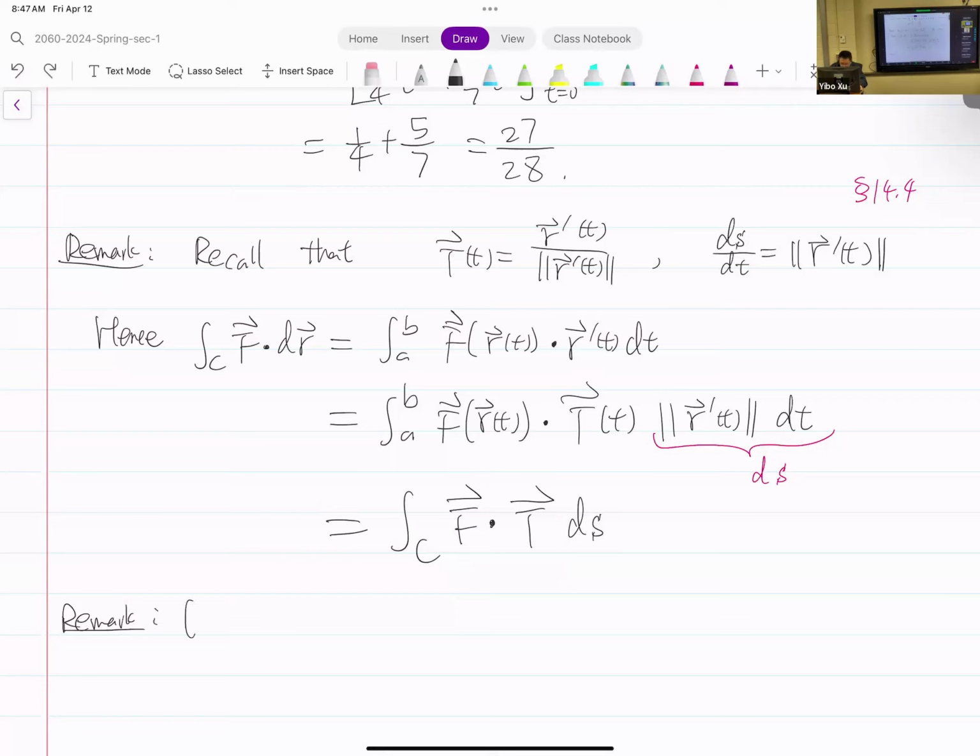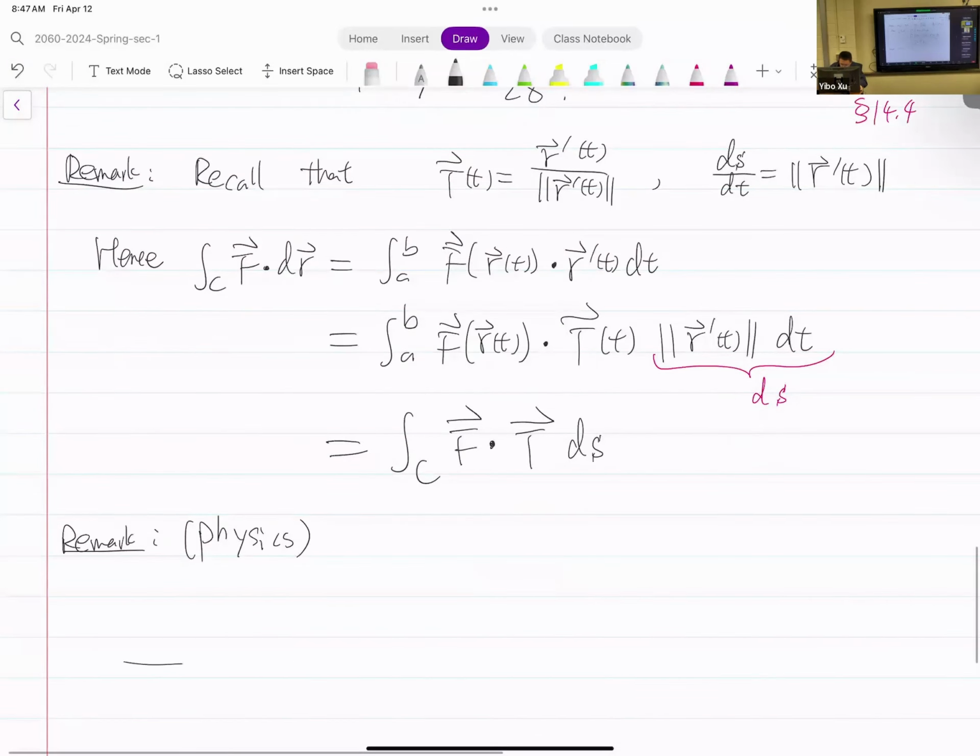Okay, so remark. In the physical sense, let's say we have an object moving along the ground, and there's a force applying to it.